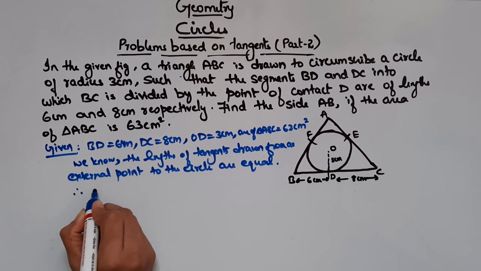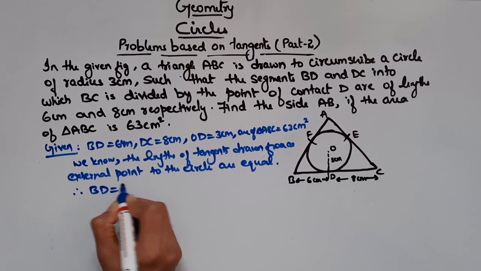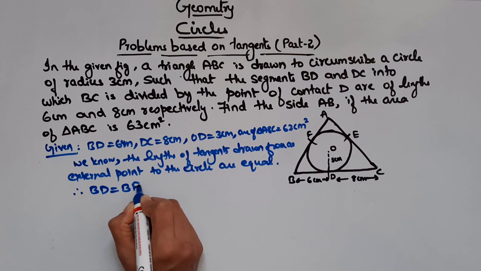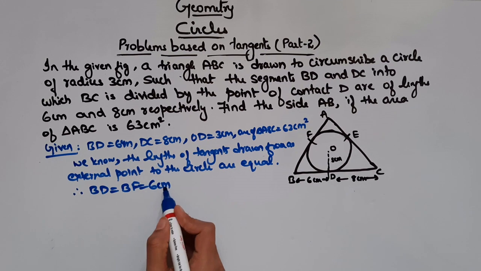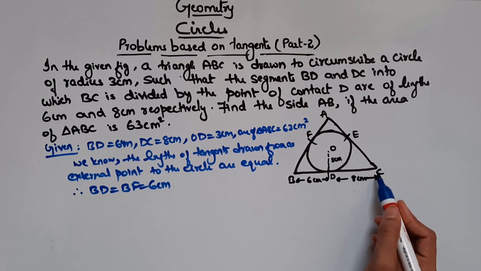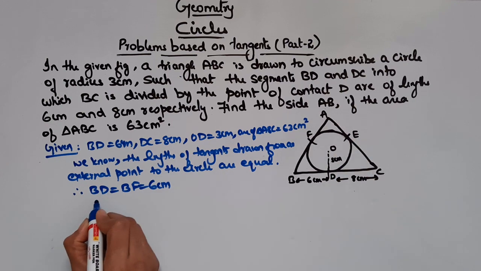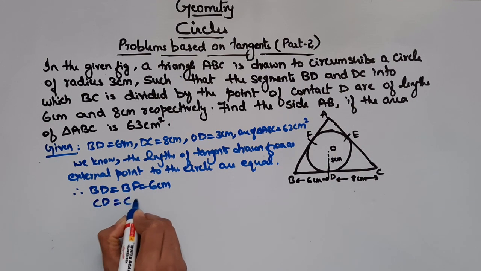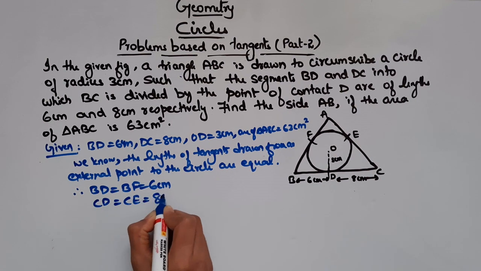So therefore we can say BD is equal to BF, which is equal to 6 centimeter. Similarly, from point C we can say CD is equal to CE, which is equal to 8 centimeter.